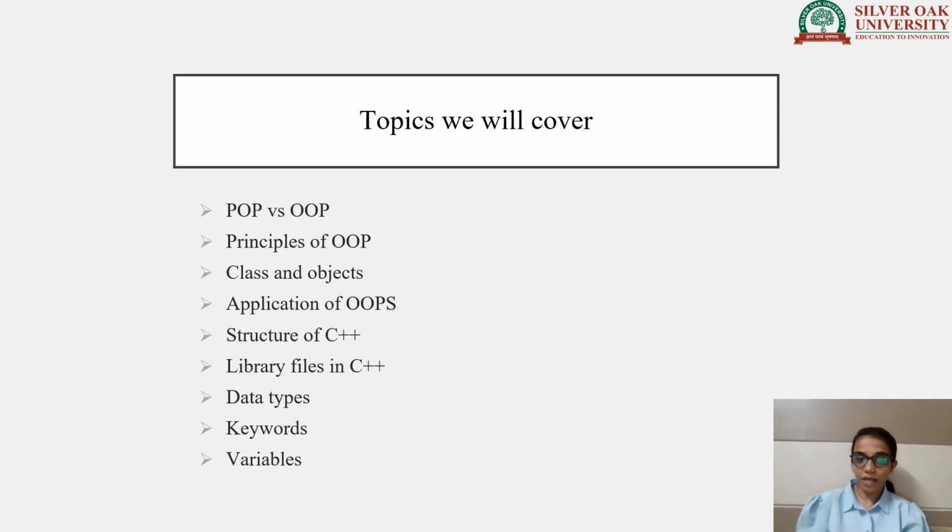We will see what that is. We will learn about the basic principles of object oriented programming, class and objects, the applications of object oriented programming, the basic structure of C++, the library files in C++, and the data types, keywords and variables. So let's start with this.